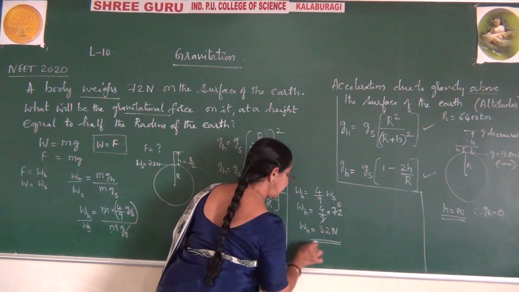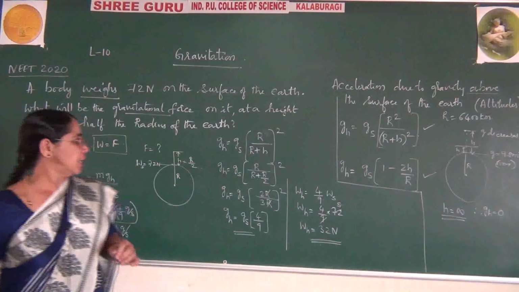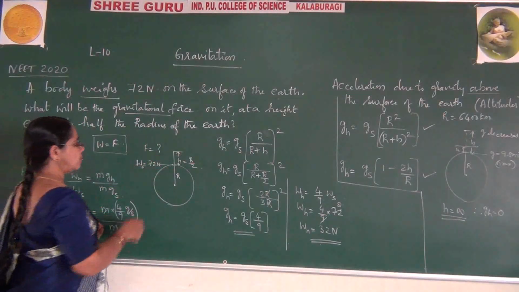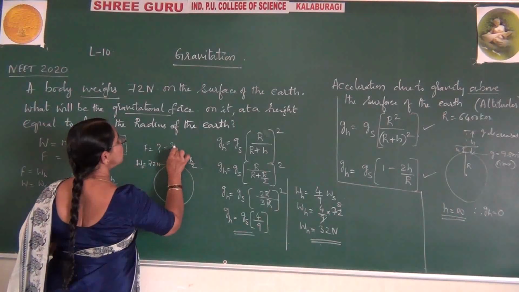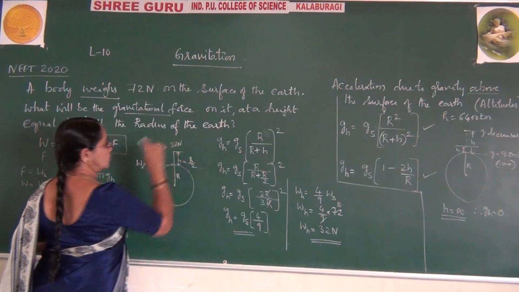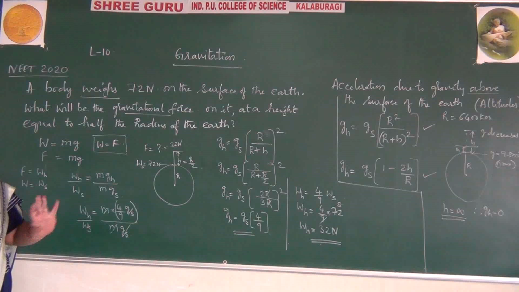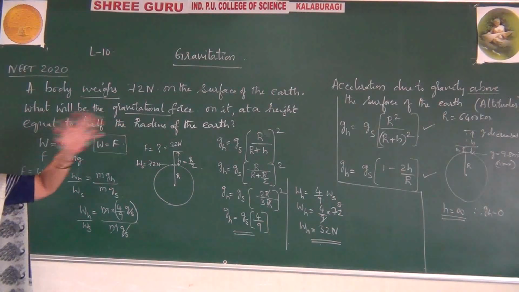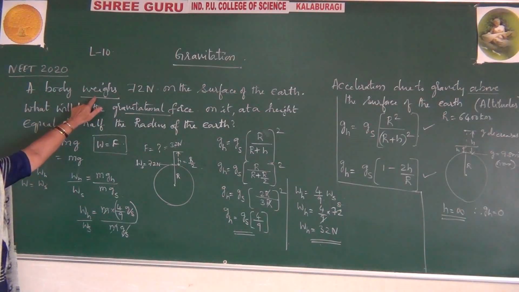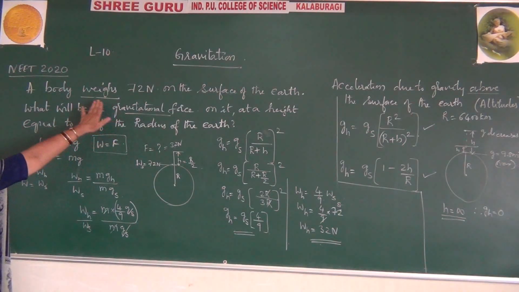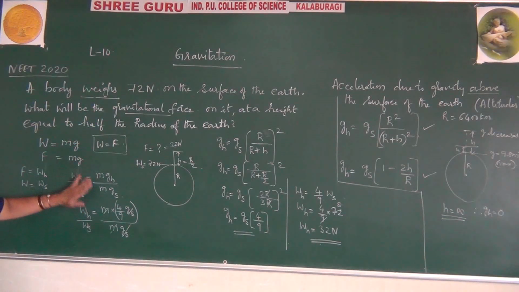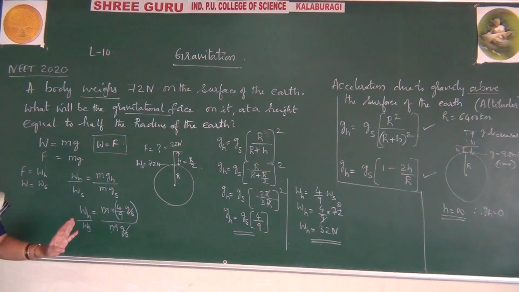So at this position you have got 32 Newton. I think you have followed this. This is a very simple question. Directly they did not give GH, but they have given weight. So depending on this, you are using this condition. These are some concepts you have to remember, and it is a very simple problem.